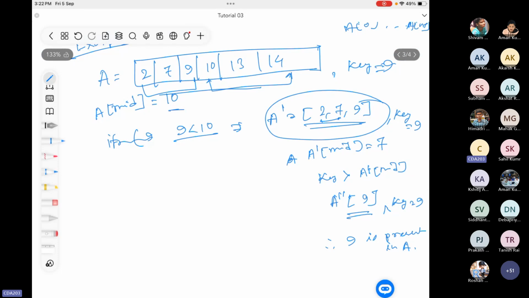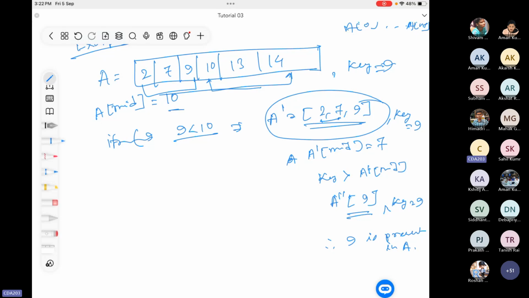Also, you can judge quickly: since it is a sorted array, if the number is smaller than the initial element or bigger than the last element, then it will never be inside the array, right? That's a quick judgment you can make based on observation.